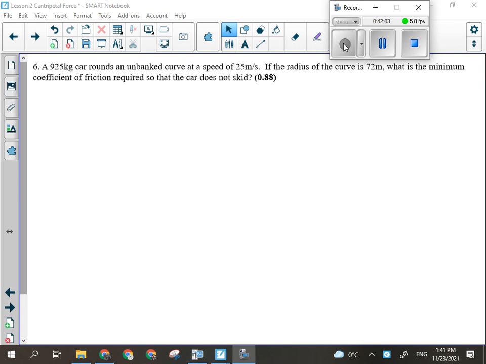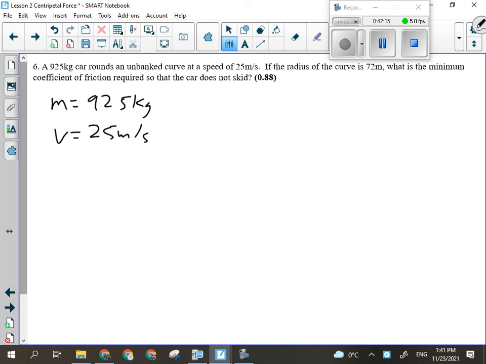On number 6, our givens are the mass, 925 kilograms, although that's probably going to prove to be irrelevant. We know the speed, 25 meters per second. We know the radius is 72 meters, and we're being asked to calculate the coefficient of friction that would be possible here to keep it from skidding. So mu mg, the force of friction, equals mv squared over r.